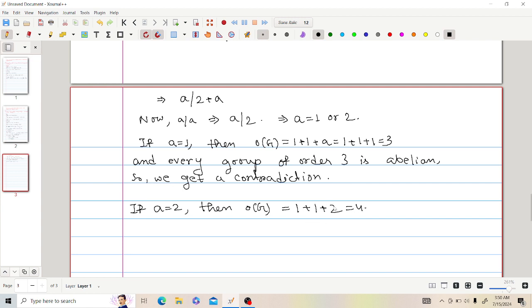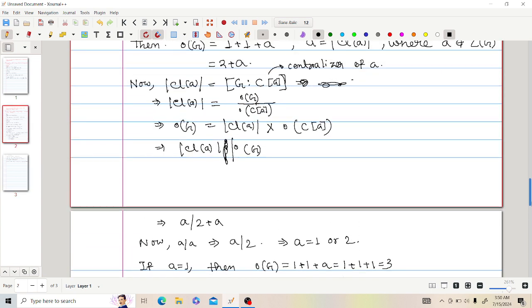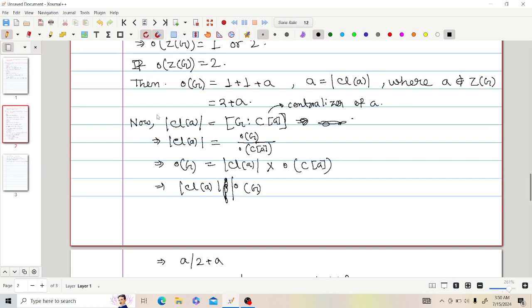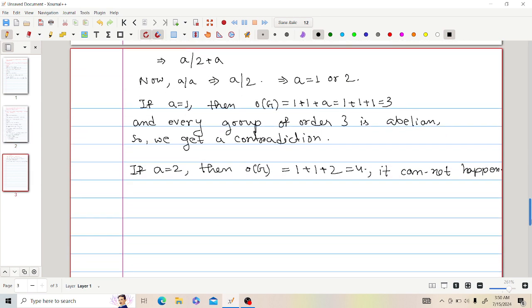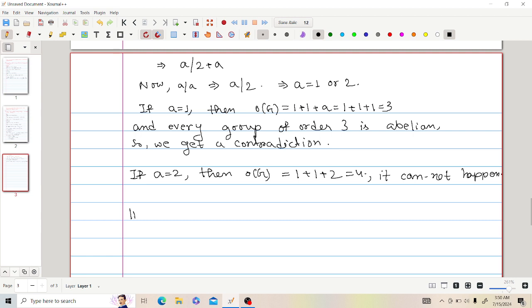So it cannot happen, since every group of order 4 is also abelian. So order of ZG cannot be 2 also. Hence order of ZG is equal to 1.